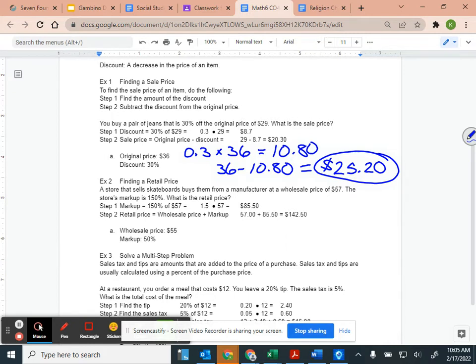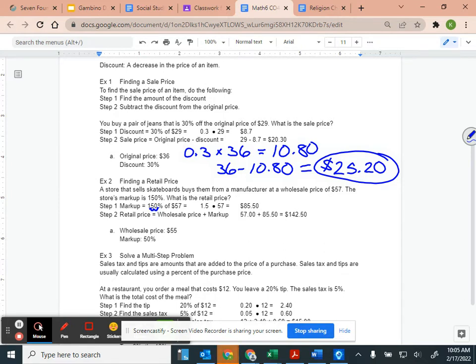So we're going to take that markup, same idea as the discount. We're going to multiply that percent by the original amount. 150% is 1.5. Because remember, we moved that decimal place over 2 places, and we get 1.5. Multiply it by our original price of $57, and we get $85.50.